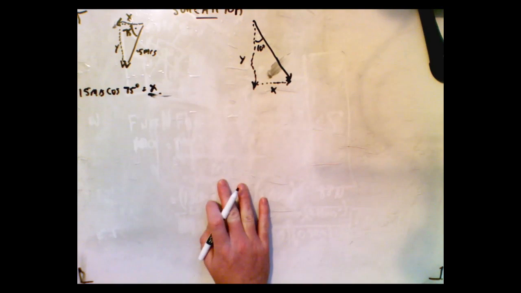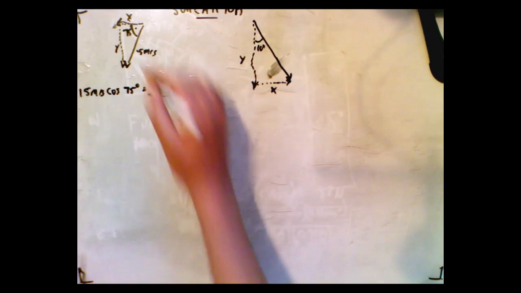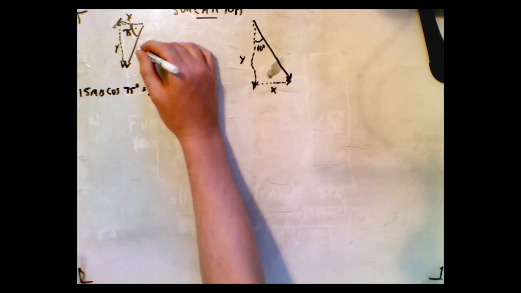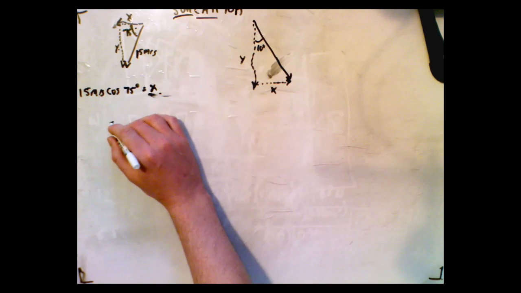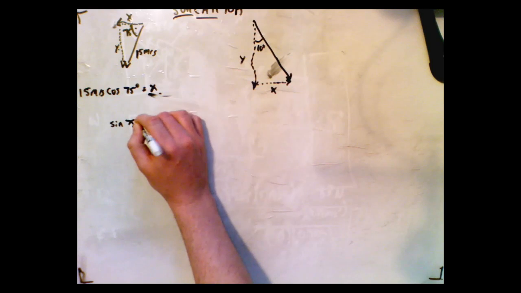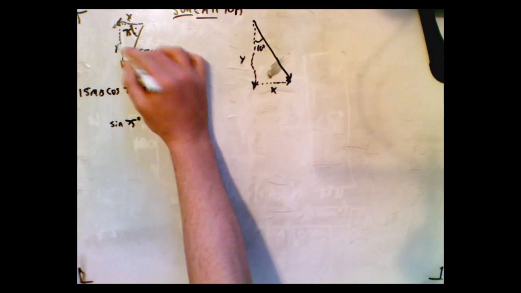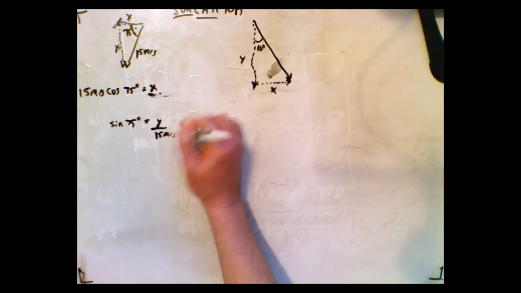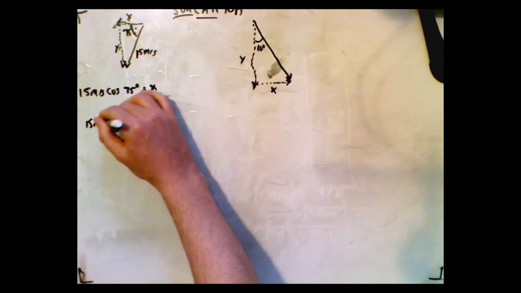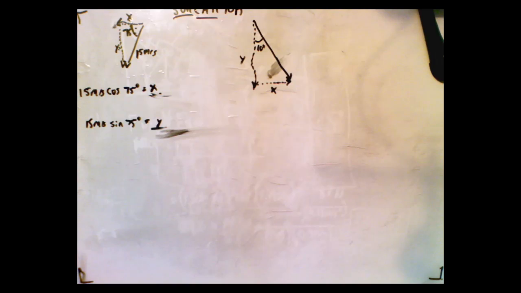And that's how I would find my x component. For my y component, it's going to be opposite and hypotenuse, which is sine. So sine of 75 degrees equals opposite, which is y, over hypotenuse, which is 15 meters per second. And I move that up there.